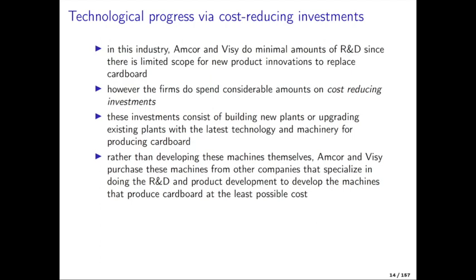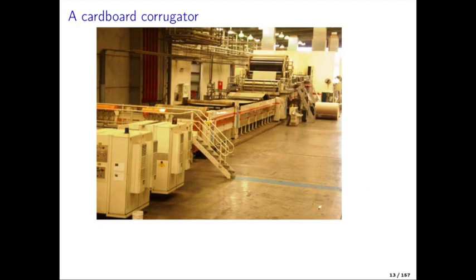In the case of Amcor and VC, they are doing a minimal amount of research and development. There's limited scope for new production innovations to replace cardboard. What they are doing is spending considerable amounts of money on cost-reducing investments, but they're not developing this machinery themselves, like this cardboard corrugator.